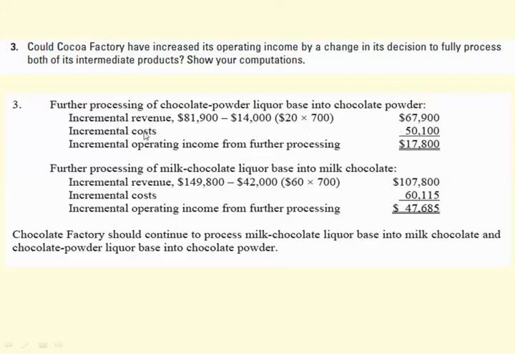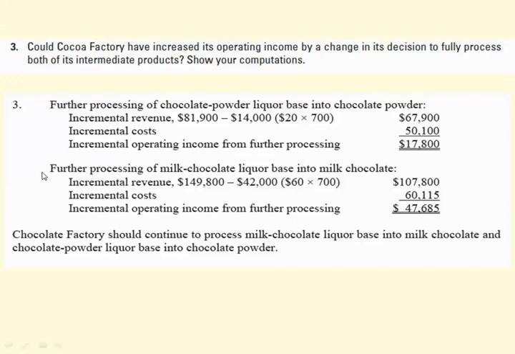And incremental cost is the cost of further processing, or simply the separable cost 50,100. So we have incremental revenues of 67,900 and incremental costs of only 50,100, so we have incremental operating income from further processing of 17,800. So it's better to further process our first intermediate product to reach our first final product.